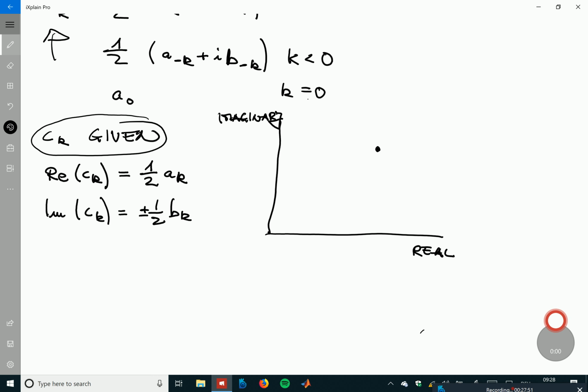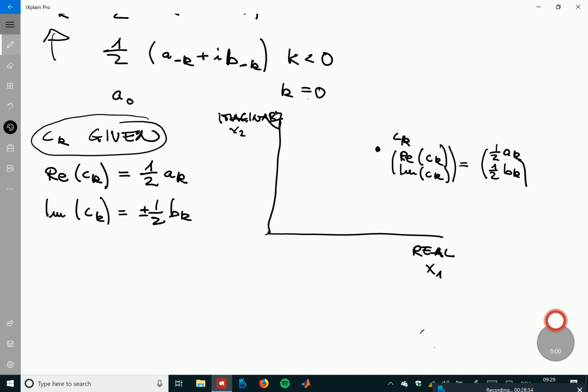We can represent a complex number ck as a point in this plane, if we use as its coordinates the real part and the imaginary part, which are, if we represent it in an x1 and x2 or x and y coordinate system, just the coordinates 1/2 ak and 1/2 bk.